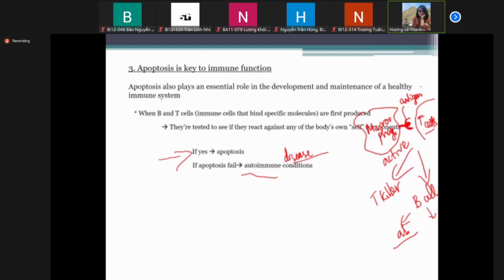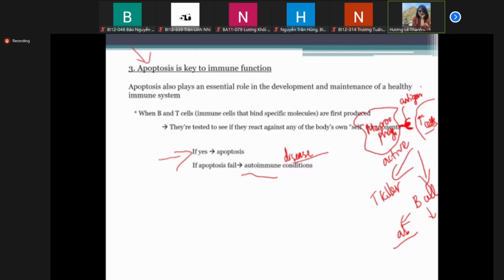There's a very sad story: a child, 5 years old, my neighbor, just passed away because of an autoimmune disease. That's the immune system of our own body attacking ourselves. Very dangerous. So that's why apoptosis is quite important for us.